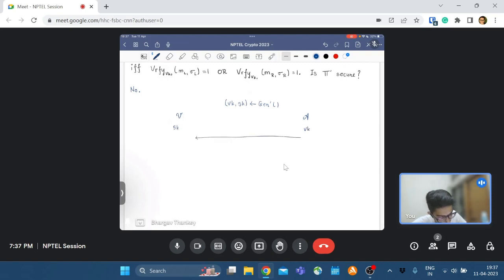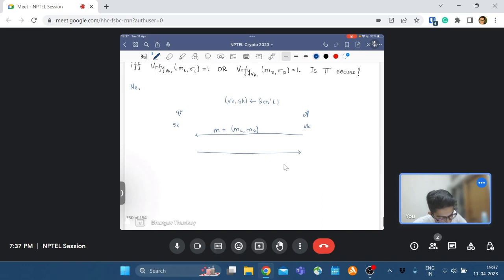A sends a message, let's say any one message, M equals ML, comma, MR. And what does it expect? It expects a signature in return, right?